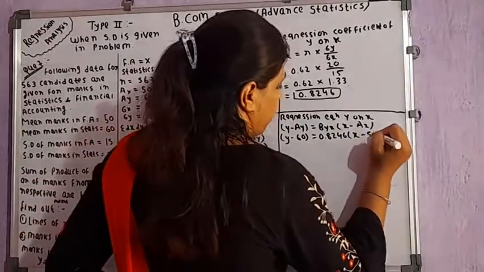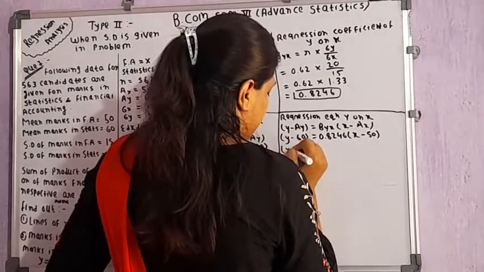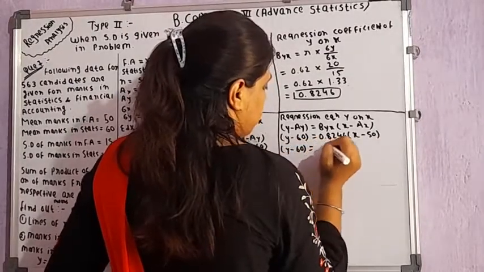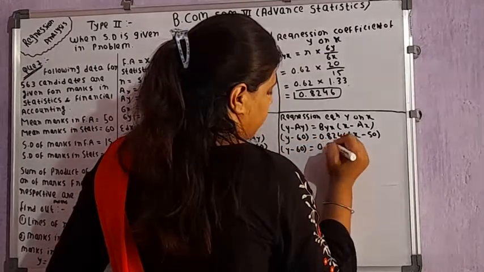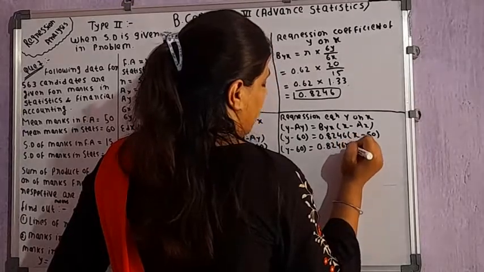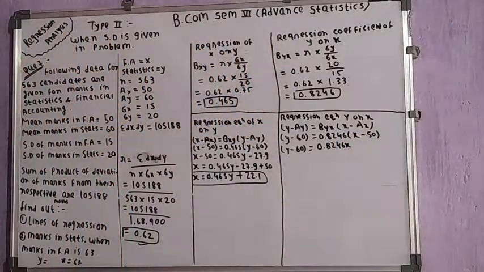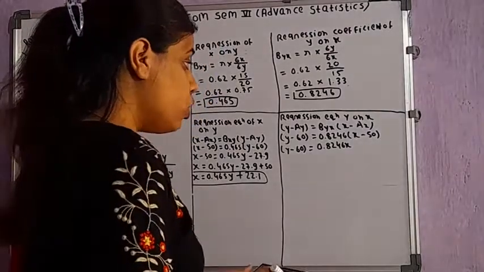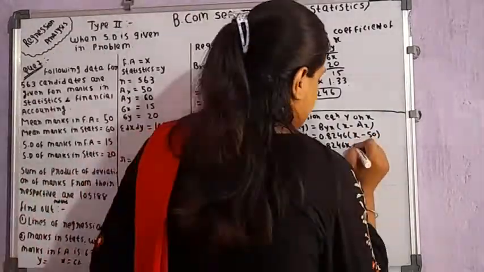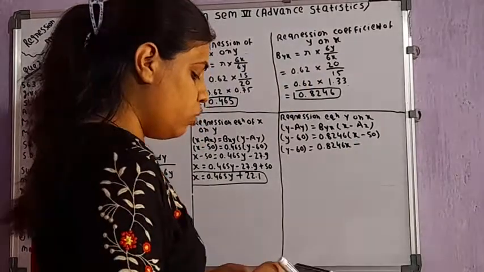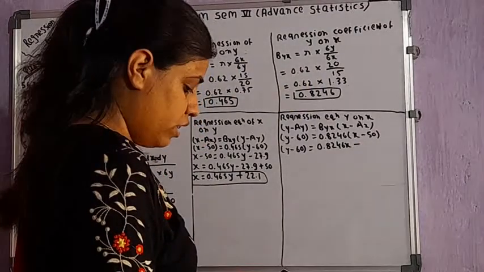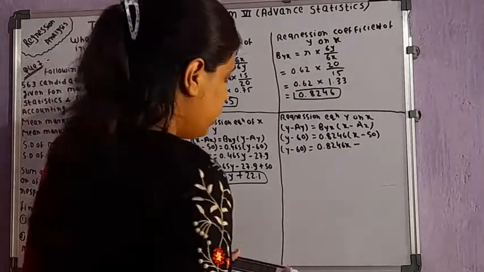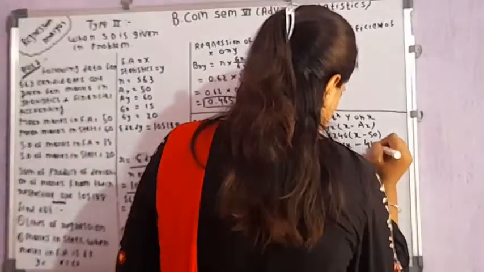Then y minus 60 is equal to 0.8246 into x, that is 0.8246x. Then 0.8246 into minus 50, plus into minus gives minus, so it would be minus 41.23.